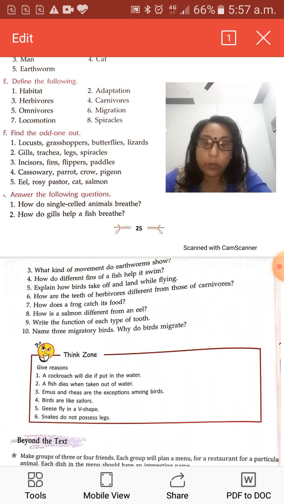Whatever I'm telling you, to revise it, you have to read the chapter. After that, tomorrow I'll share the question answers with you. First, whatever I'm explaining, you have to write in your own words, and tomorrow you have to check your answers and match them with my answers.